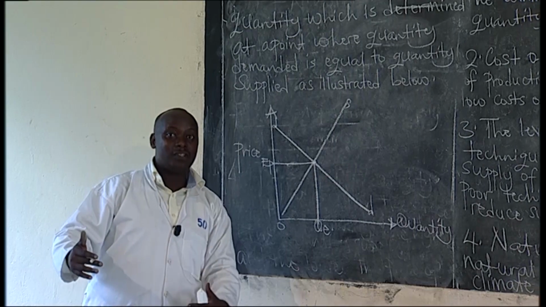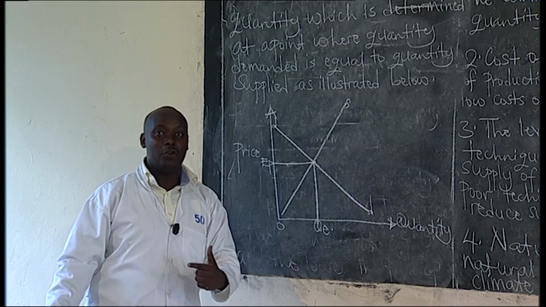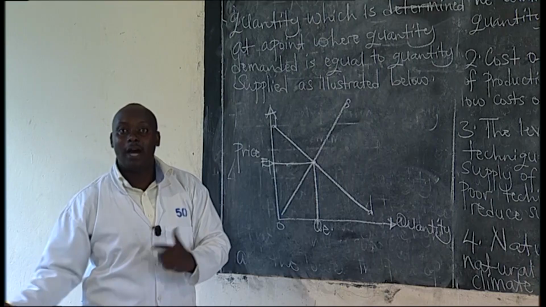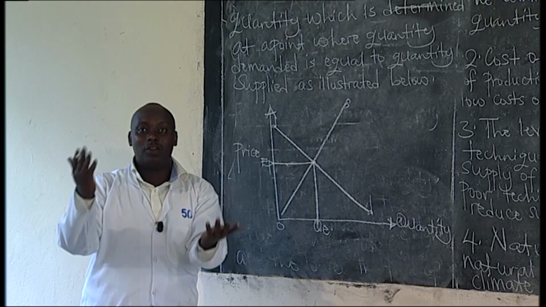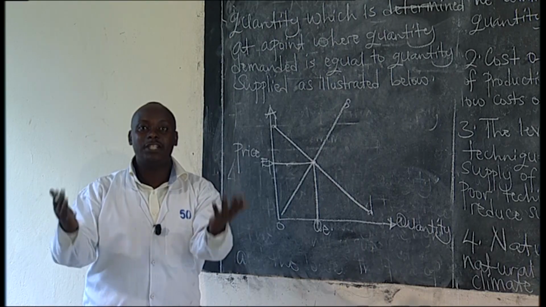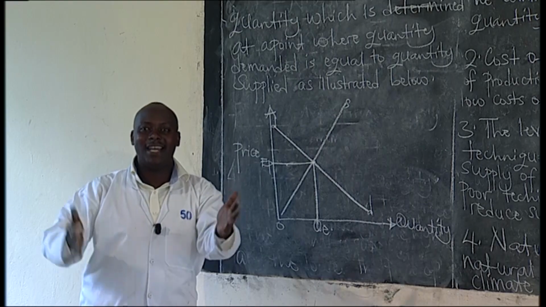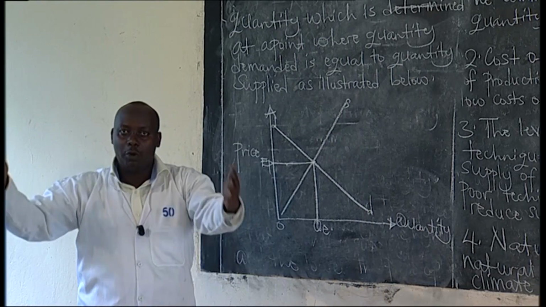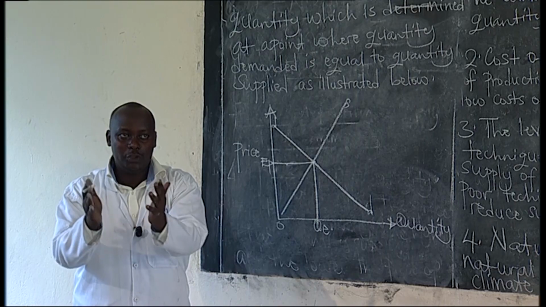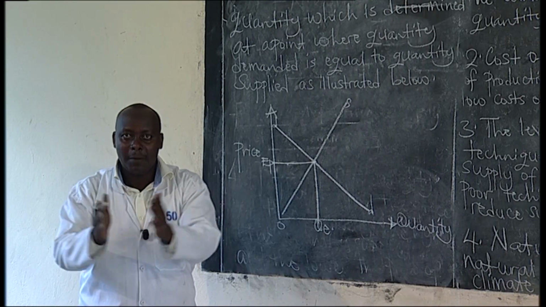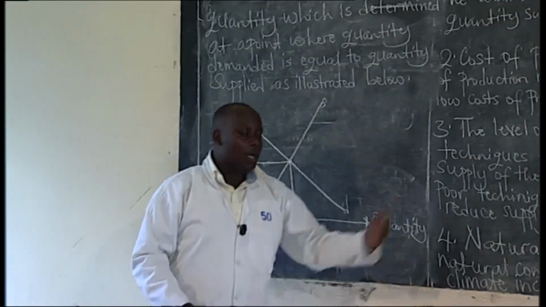And when demand reduces and supply does not reduce, the prices will also keep on changing because demand and supply are not equal. But when one is increasing and the other is increasing, there is what we call price stability, which we call the equilibrium price or the equilibrium quantity.